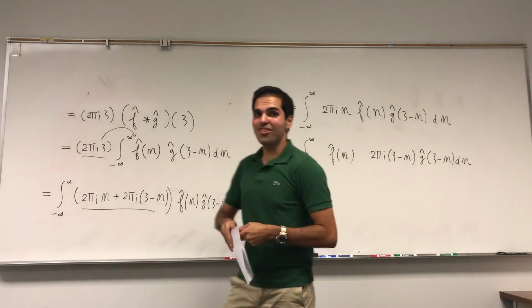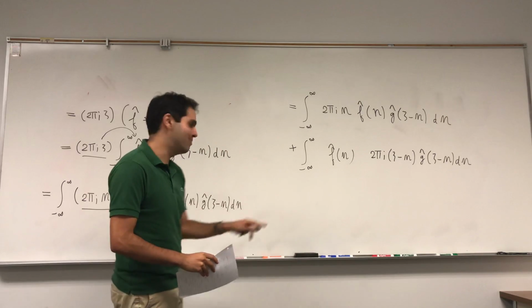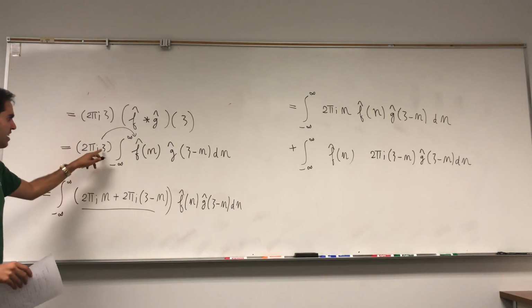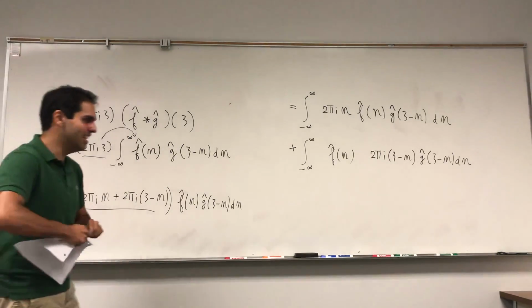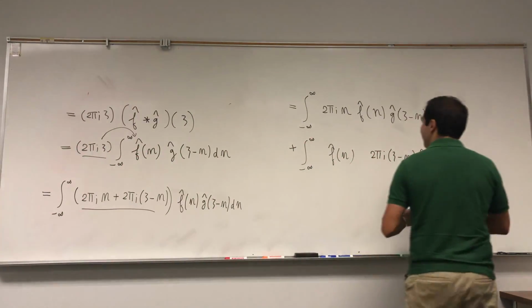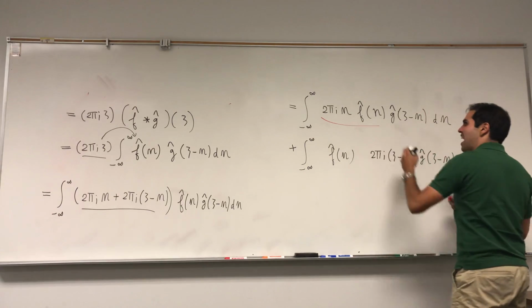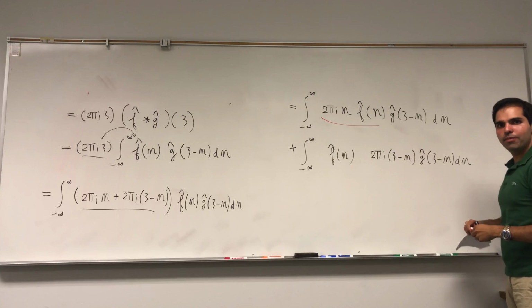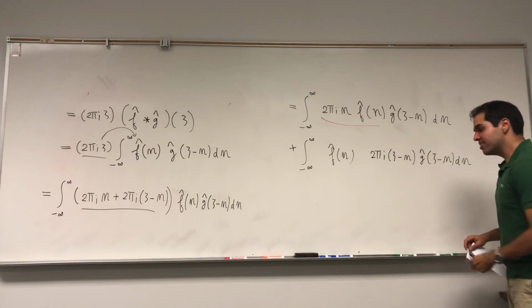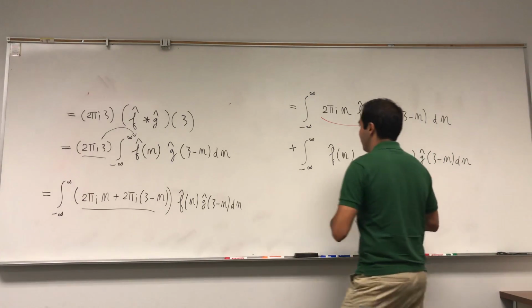And you see, this is where that plus is coming from. Simply from this little trick of writing xi as eta plus xi minus eta. Because, notice what is happening here. If you take 2 pi i eta and multiply it by f hat, it's just the Fourier transform of f prime.